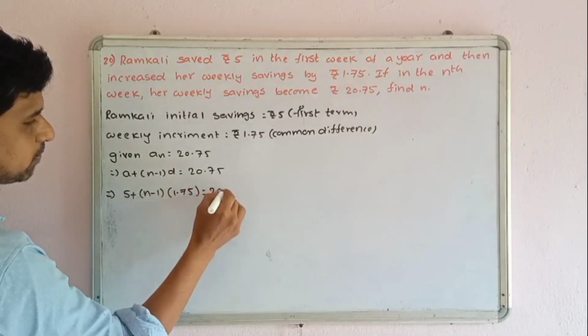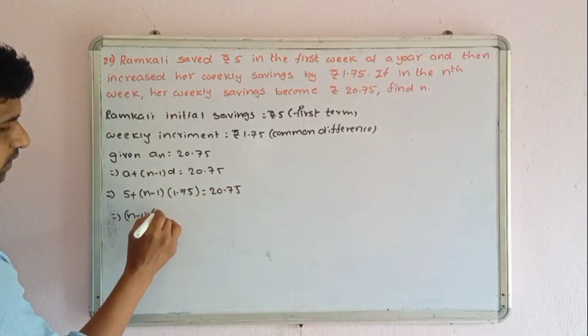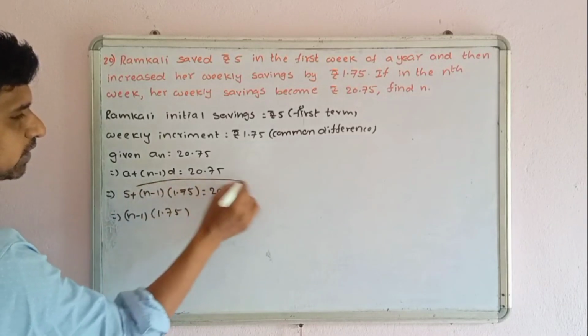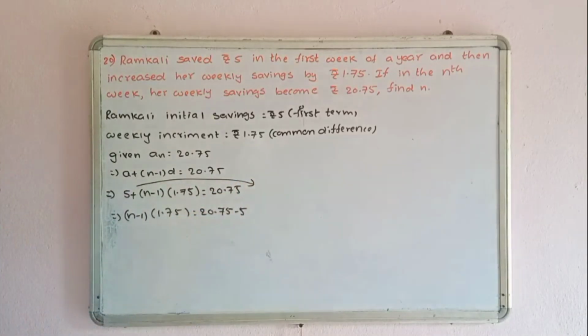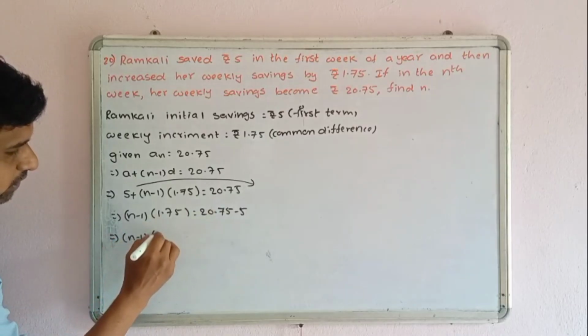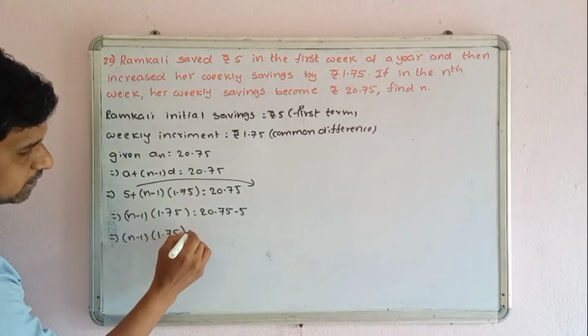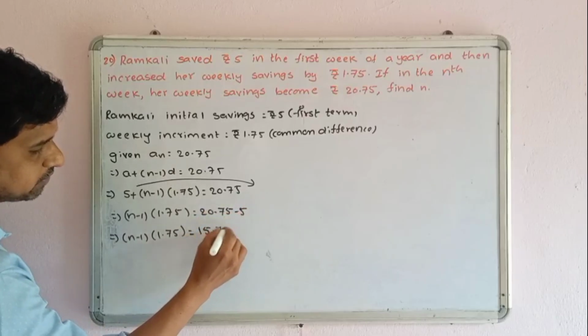1.75 equals to 20.75. So n minus 1 into 1.75, 5 transpose to right side, 20.75 minus 5. Okay, n minus 1 into 1.75 equals to 20.75 minus 5 is 15.75.